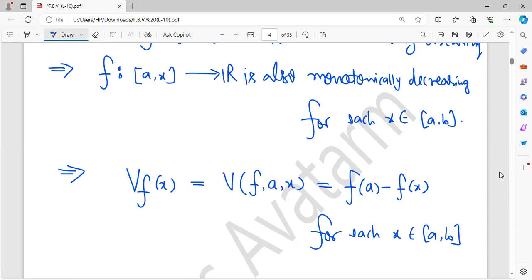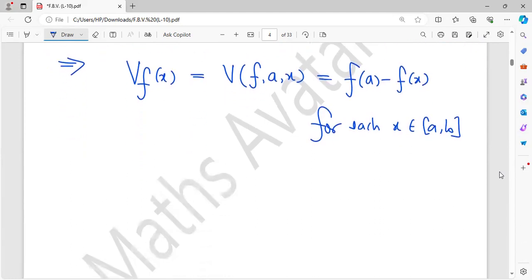Now, what is this? Simply, this implies V_f is nothing but f(a) minus f(x).